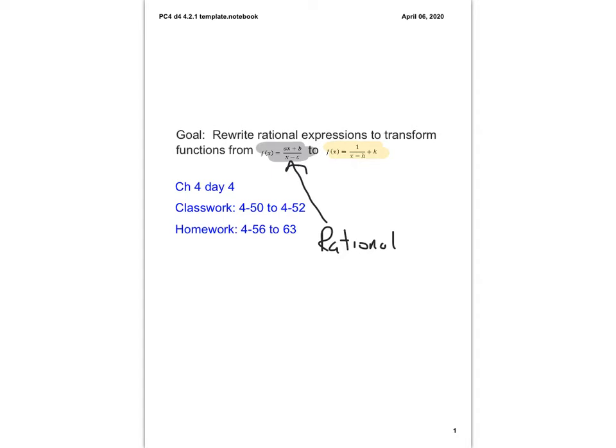It has its advantages in that form, but it's also a little bit harder to graph without the use of a calculator.